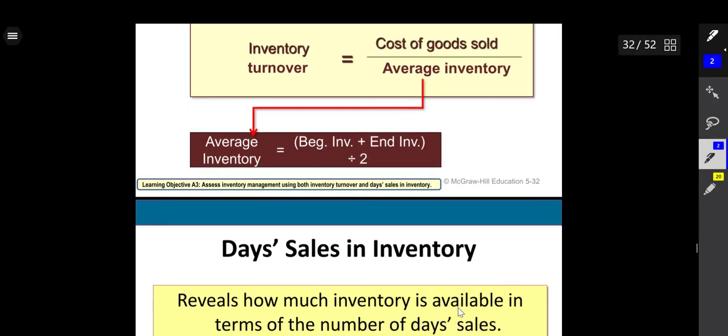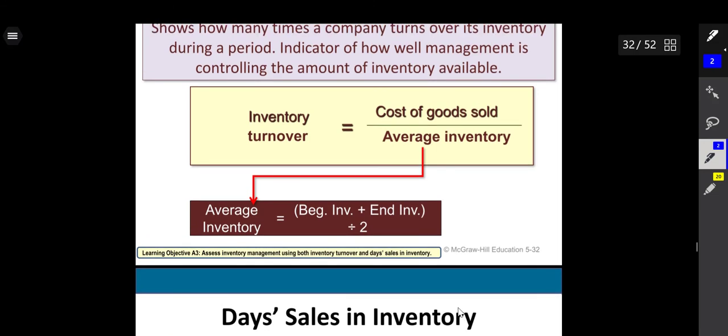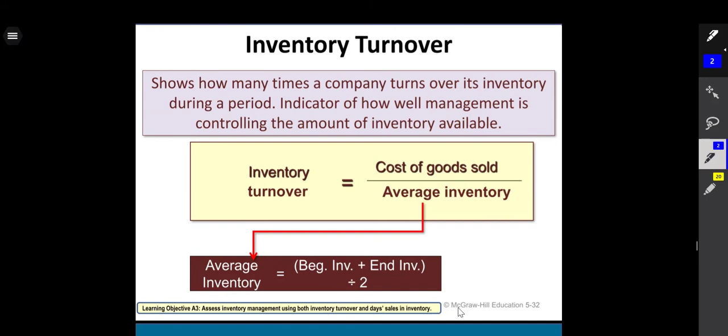Okay, a couple of final things to think about with inventory are the calculation of inventory turnover. This is an analysis tool that tells us how often we sell our inventory. So how often are we selling our inventory?